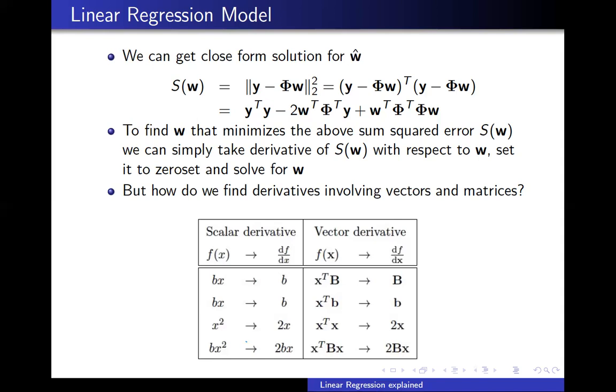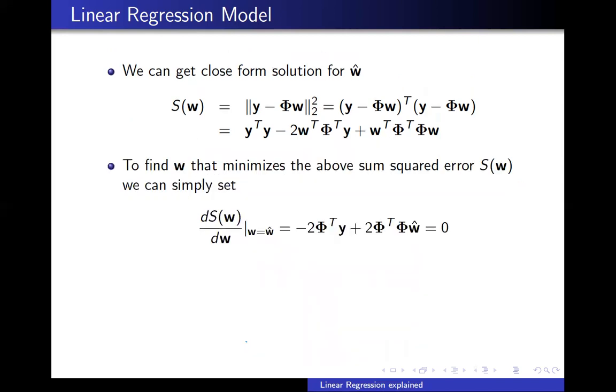Now that you know how to take derivatives involving vectors and matrices, we can simply take the derivative of S of W with respect to W. The first term, y transpose y, is a constant because it does not have the term W. For the second term, we take the derivative with respect to W and get minus 2 times phi transpose y.